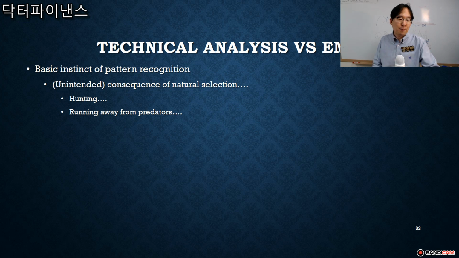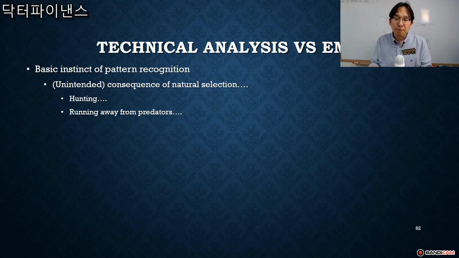For example, if you are a millisecond faster in recognizing, oh, that's the rabbit and that's the tiger, you must have had a better chance of catching prey or running away from predators. And over millions of years, we have survived in this way, so that systematically, we have a strong pattern recognition instinct that pops up every minute. So we are good at pattern recognition, especially visual pattern recognition.